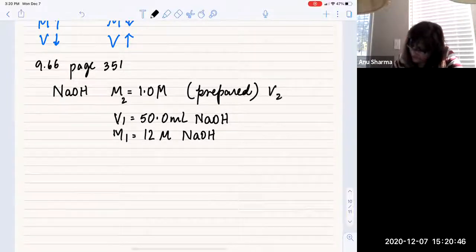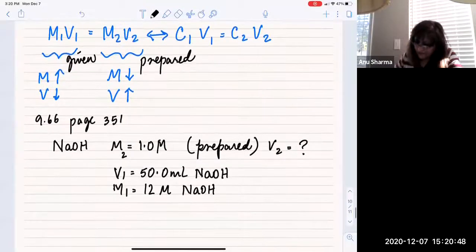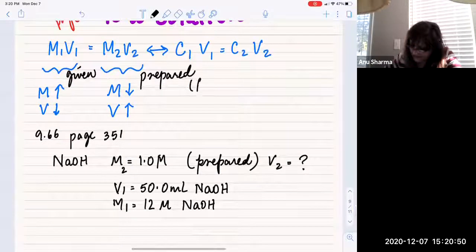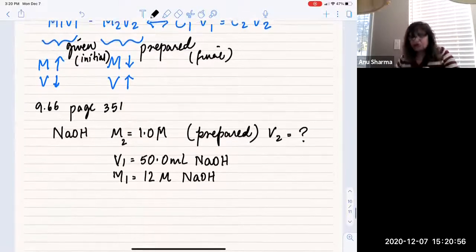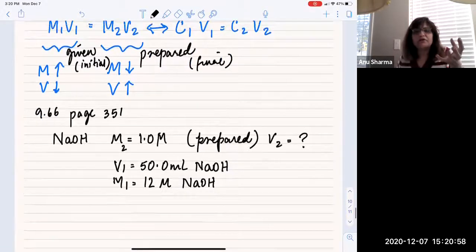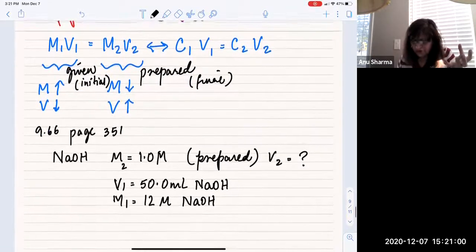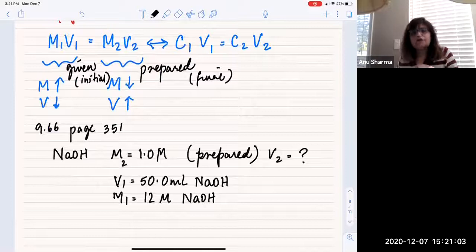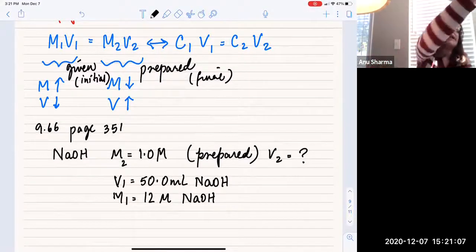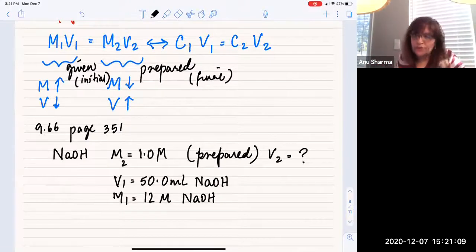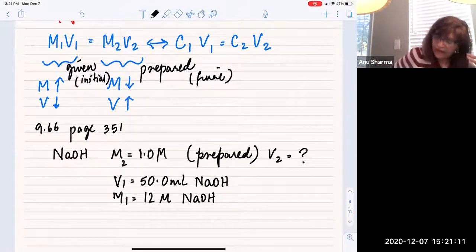So what is the final volume? Keep in mind that this is the final and this is the given initial. So you take out a little bit from the higher concentration and you add water to it to make it a lower concentration. And that gives you the less concentrated solution.